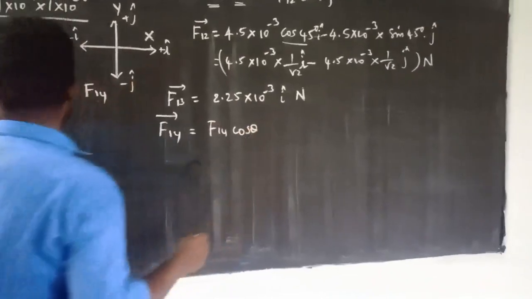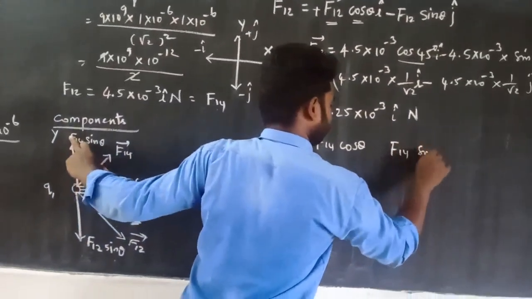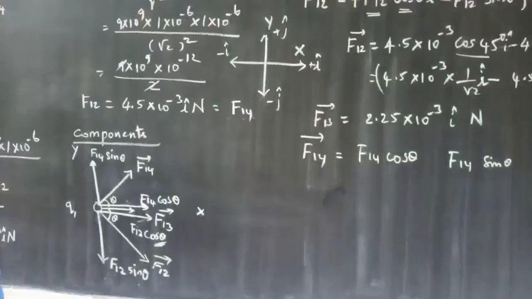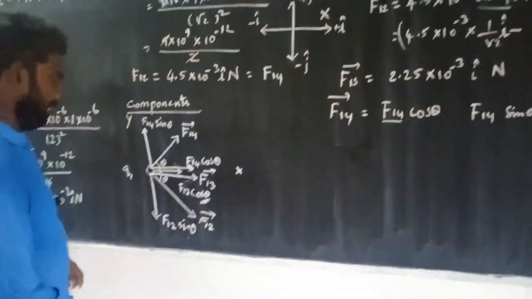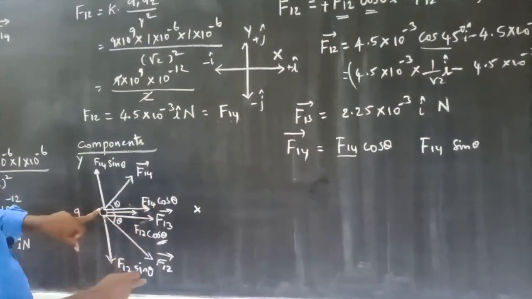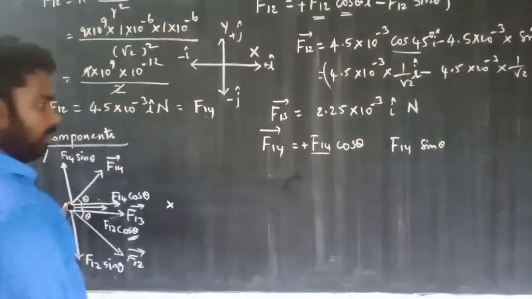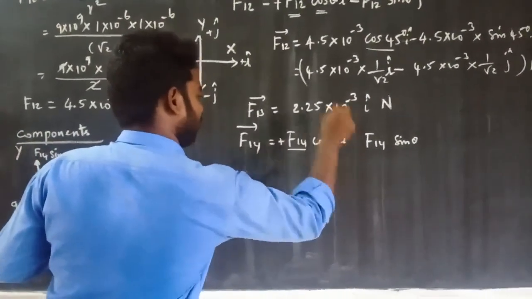F14 cos theta as well as F14 sin theta. See here, children, F14 cos theta is in the positive x direction. So you have to put the positive symbol here. So positive x axis, unit vector will be I cap.